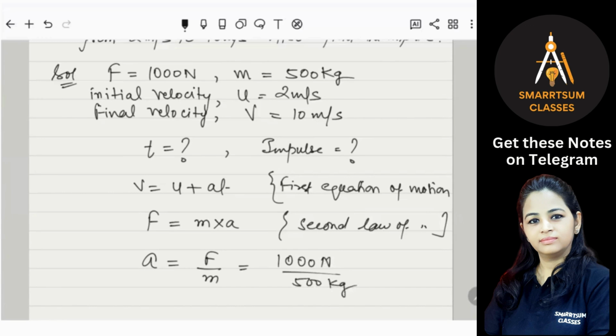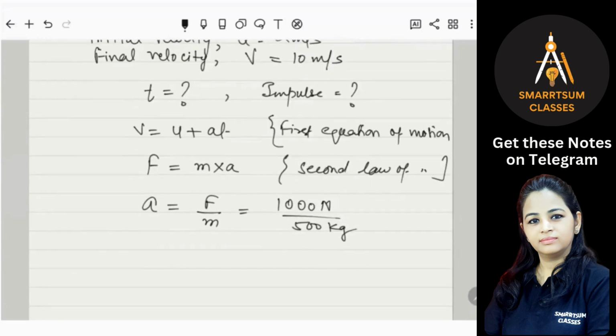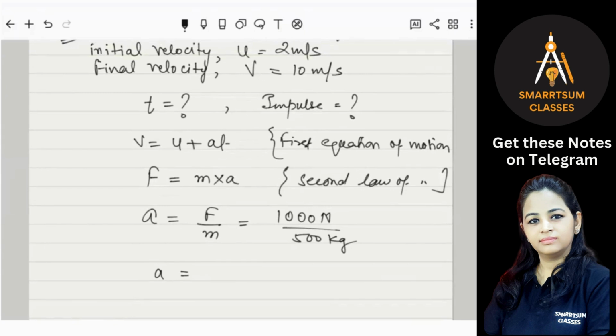So what will be the acceleration of the body? Ma'am, 2 meter per second square.